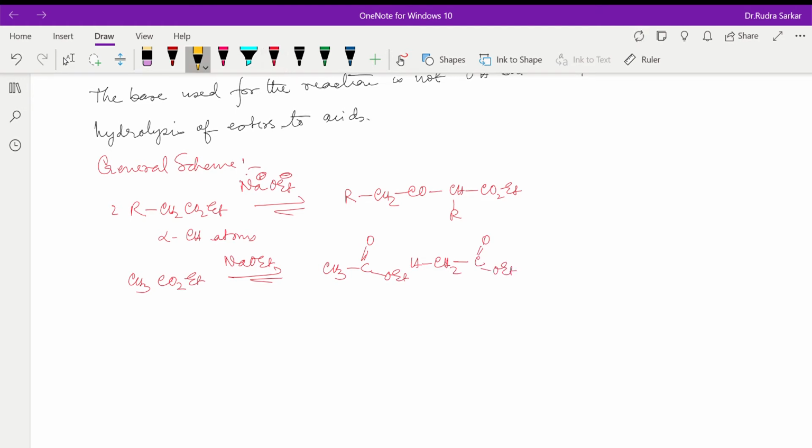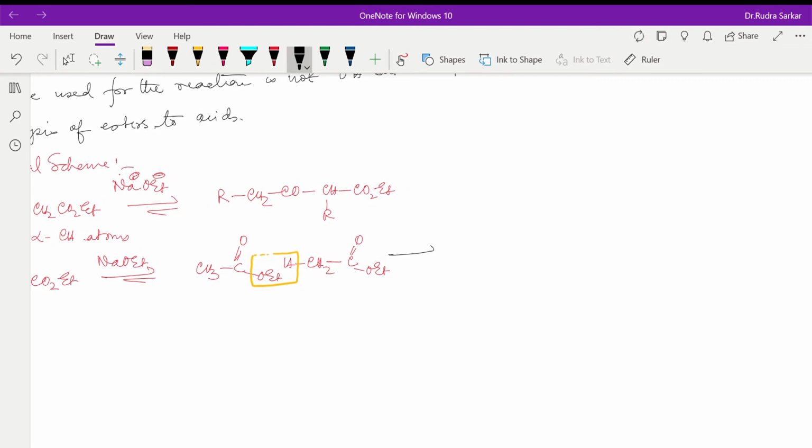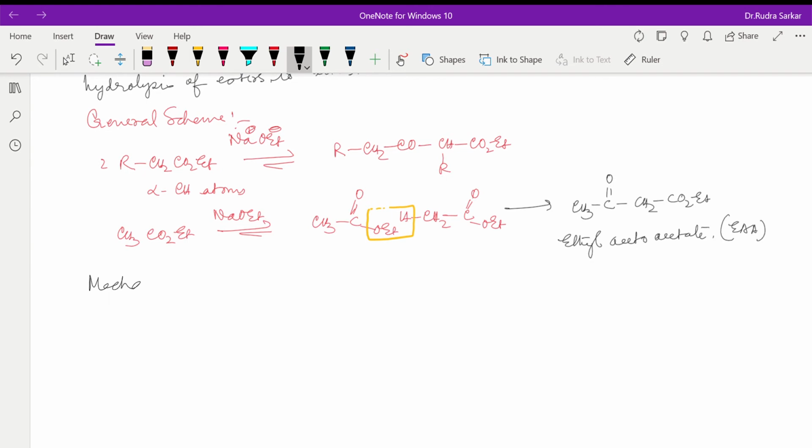So simply here what you can do is take out this portion, and that will give you your product, which is CH3 C double bond O CH2 CO2, and this is called ethyl acetoacetate, also abbreviated as EAA.